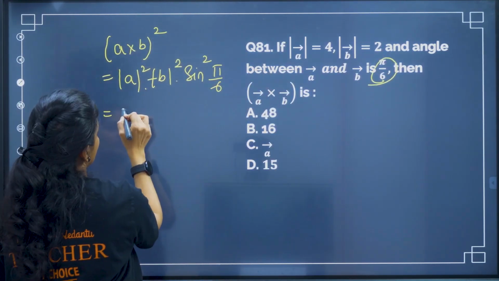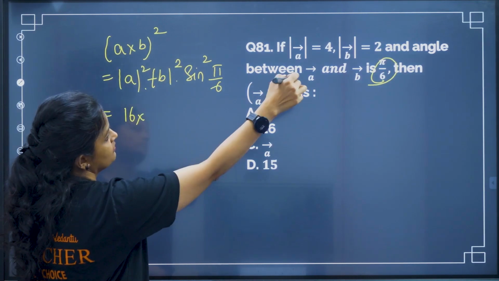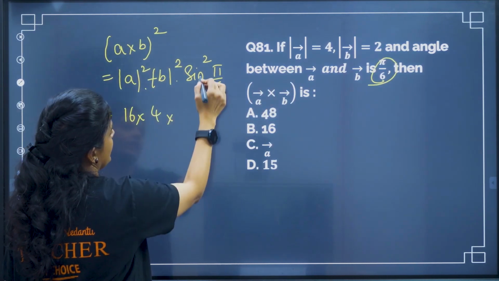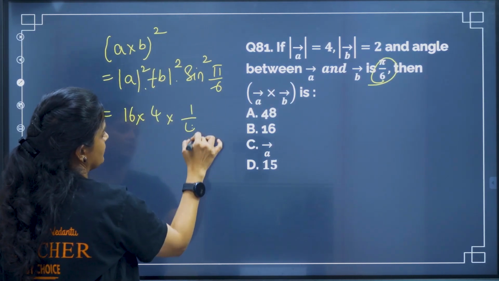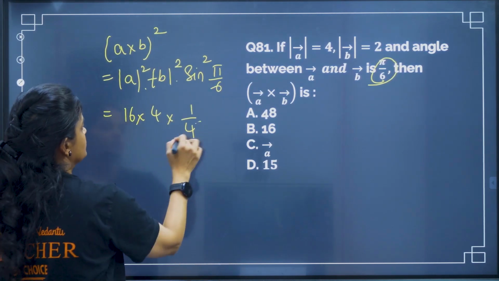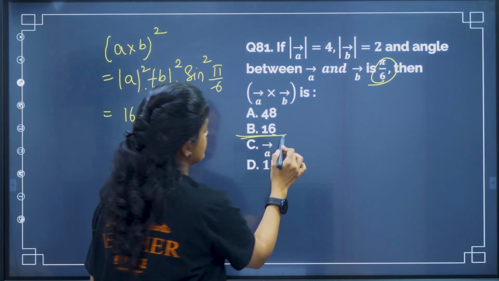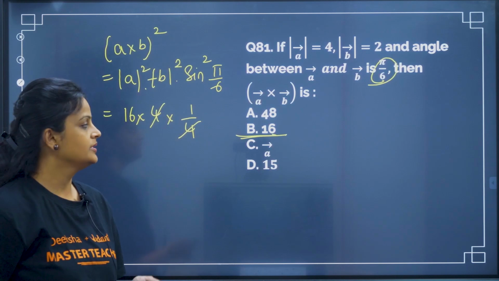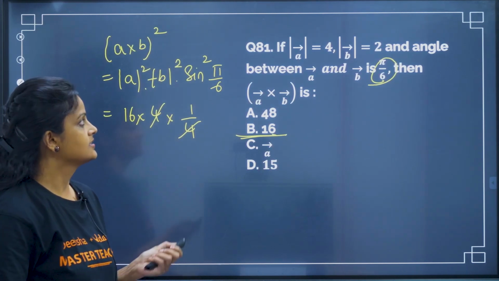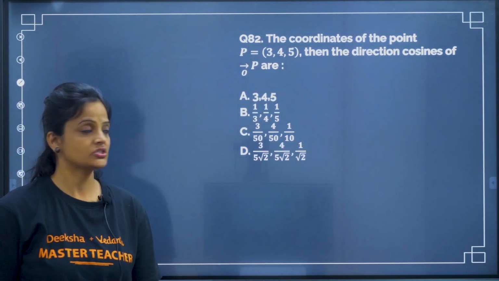So here I have 4 square 16, 2 square 4, and 1 by 2 whole square 1 by 4. That's all. So I am getting 16 as the answer. Okay, option B is right. 16 is the answer. So let's go with the next question.